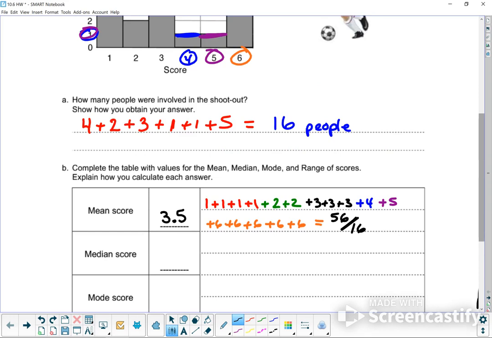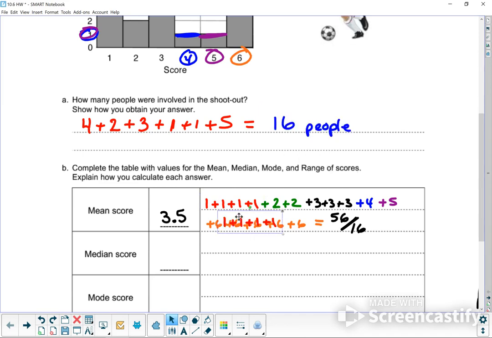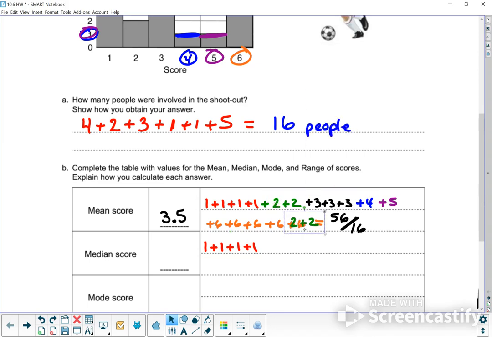The median is, if you put them in order, right? So we talked about this before in the previous chapter, but we take all these numbers and we put them in order. So right there, these right here. Oh, don't forget my plus 2. Here.